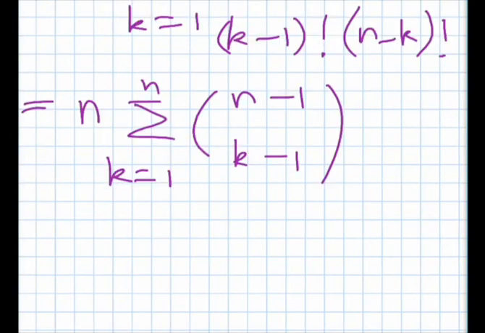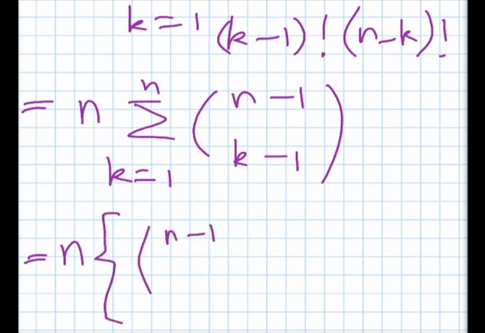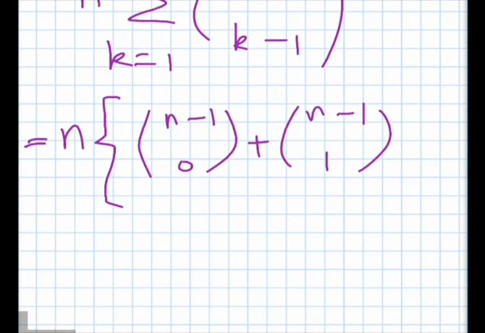Now this is equal to n times n minus 1 choose 0, plus n minus 1 choose 1, plus and so on, up to n minus 1 choose n minus 1.